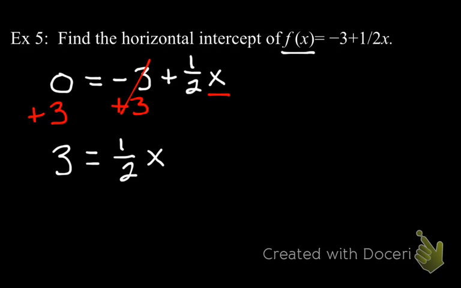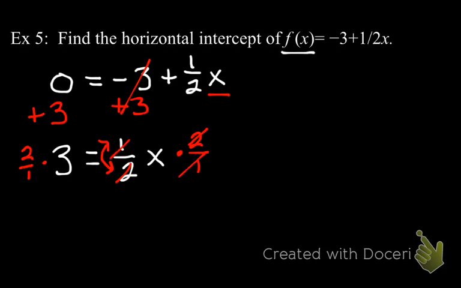Next, to finish getting that x by itself, when a variable is multiplied by a fraction, we want to multiply by the reciprocal. So the reciprocal, if you remember, is where we take a fraction and the numerator becomes the denominator, and the denominator becomes the numerator. So we're going to multiply this by 2 over 1, which is just 2. And when we multiply on the right-hand side, this fraction just cancels out.